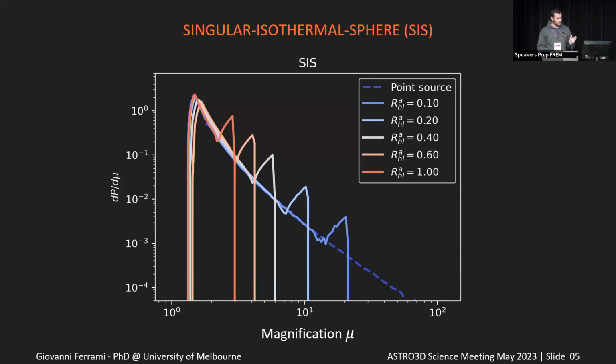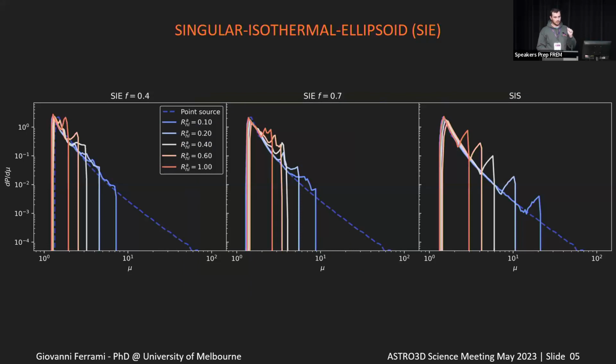And we see that the bigger the source, the smaller the maximum magnification I can attain. And now if we introduce the lens ellipticity too, this also contributes to getting a smaller maximum magnification. So in the right panel is the singular isothermal sphere. In the middle panel, there is a singular isothermal ellipsoid with the axis ratio of 0.7, and on the left, 0.4.